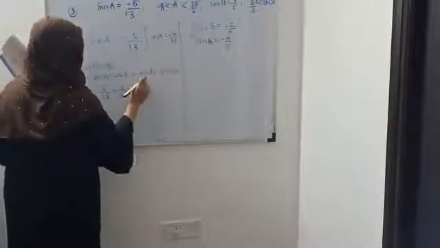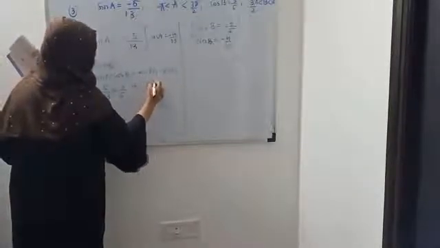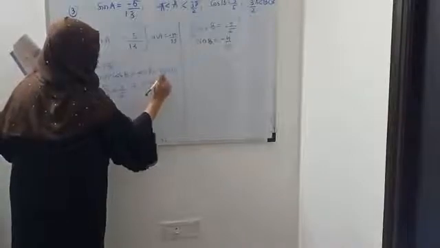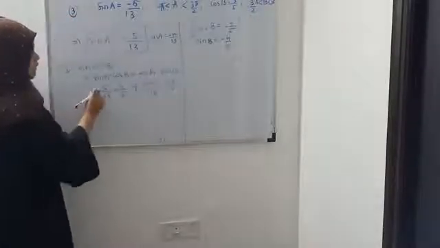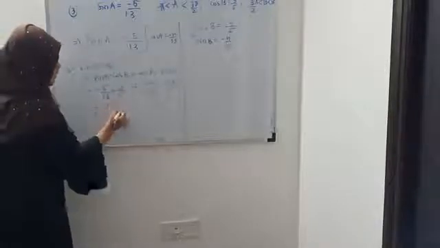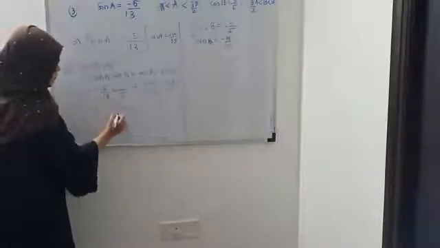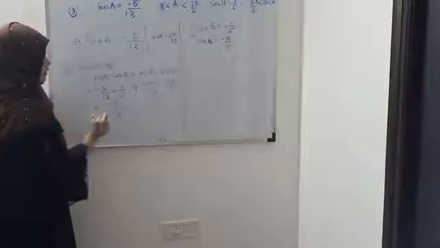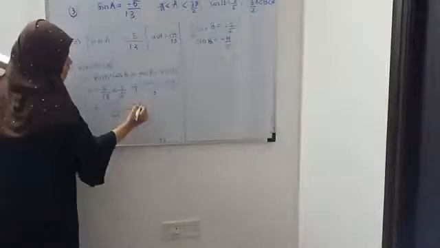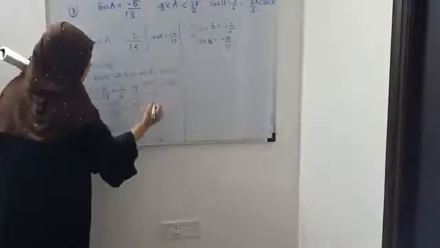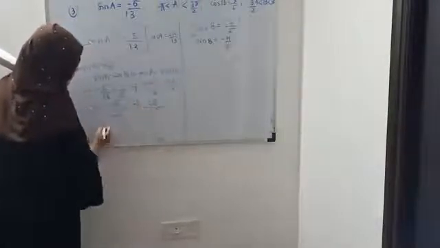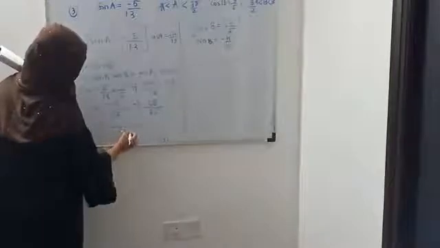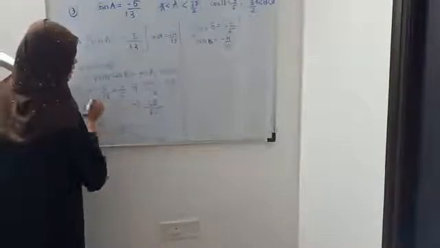Plus cos A is equal to minus 12 upon 13 into sin B, which is minus 4 upon 5. So here it is minus 15 divided by 65, and minus minus plus, 12 fours are 48 divided by 65. So 65 is there, and 48 minus 15.